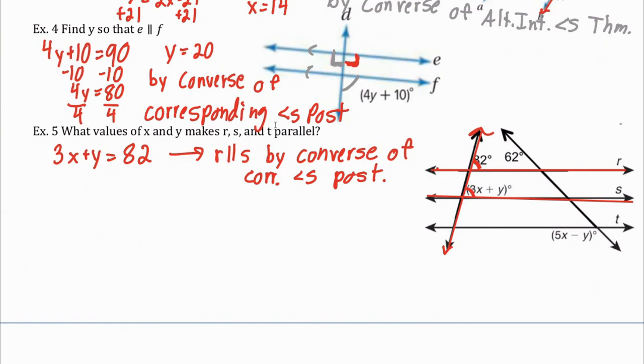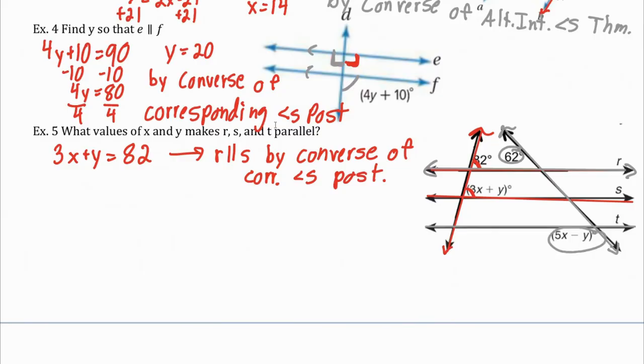And then if we're looking at the other transversal, this one right here, we're talking about R, and we're talking about T this time, because those are the two that have angle measures attached to them. So we see here that R has 62, and T has 5x minus y.